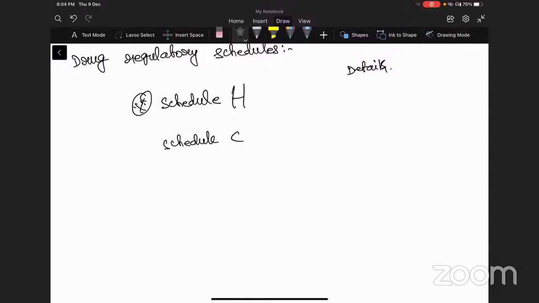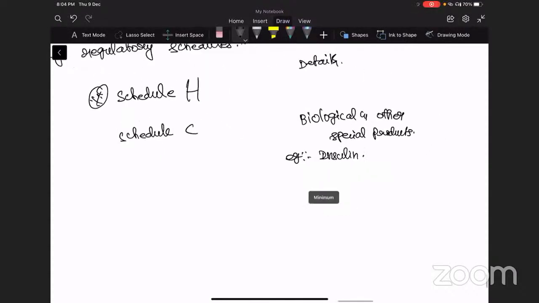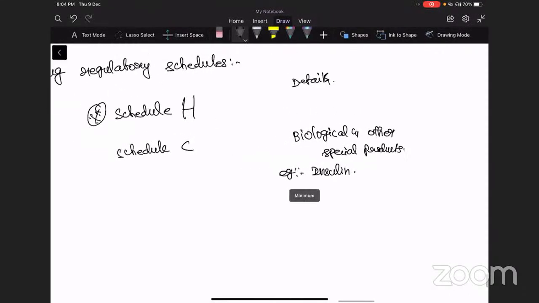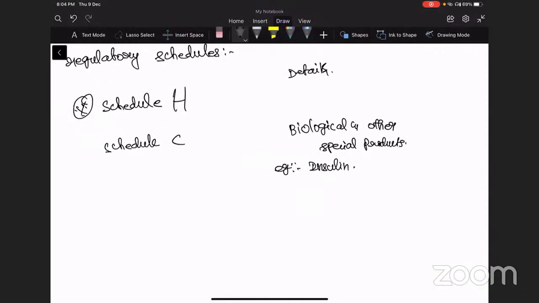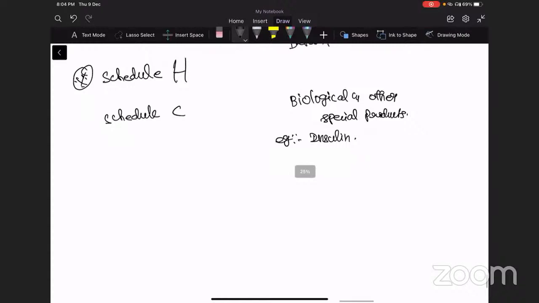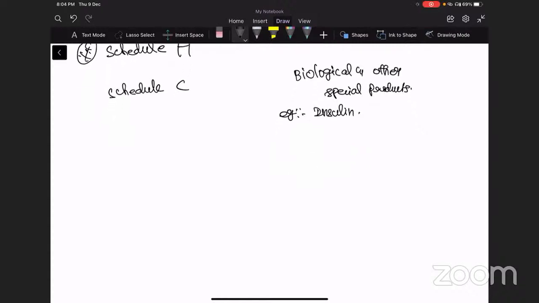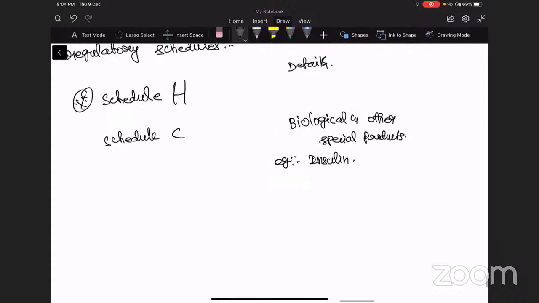Schedule H. Schedule C is for biological and other very special products. For example, insulin. They can give you just the name of insulin, and they can ask you which schedule it belongs to. Yes, friends.